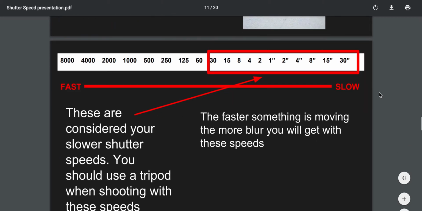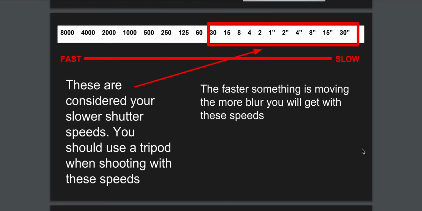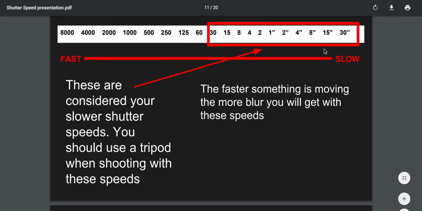But as we get to this section right here, it's a slower shutter speed, meaning your camera is open for a longer period of time. And if you move at all, you blur your photograph. So generally you want to use a tripod when you're using these settings, and especially when you get into the full seconds right here on the right side.